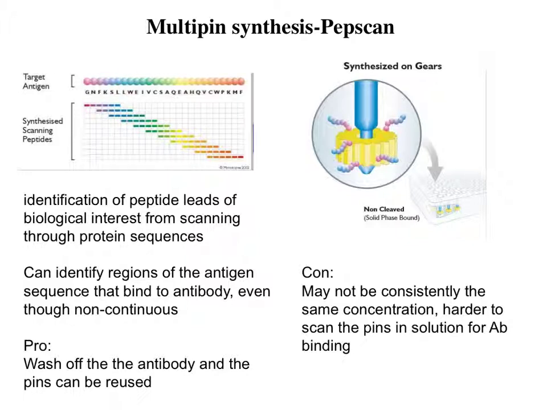So, for example, if this target antigen is folded in some way, and this region and this region are close together and recognize the antibody, you can then get hits from here and here that show a non-continuous binding. The advantage is that you can wash off the antibody and the pins can be reused.